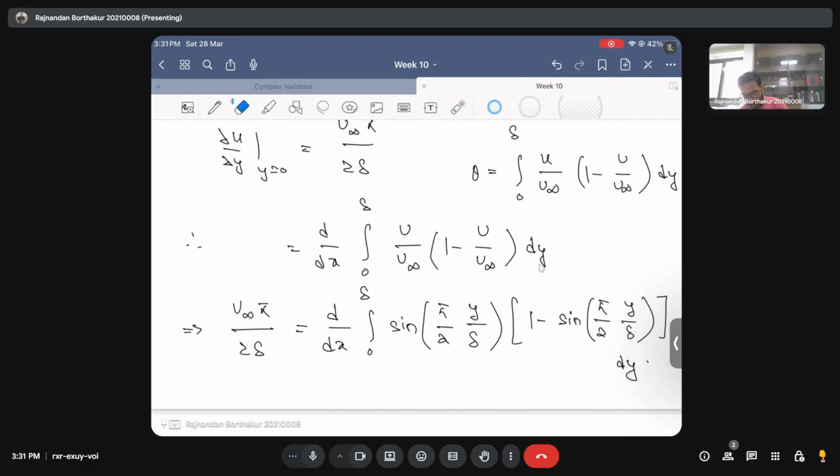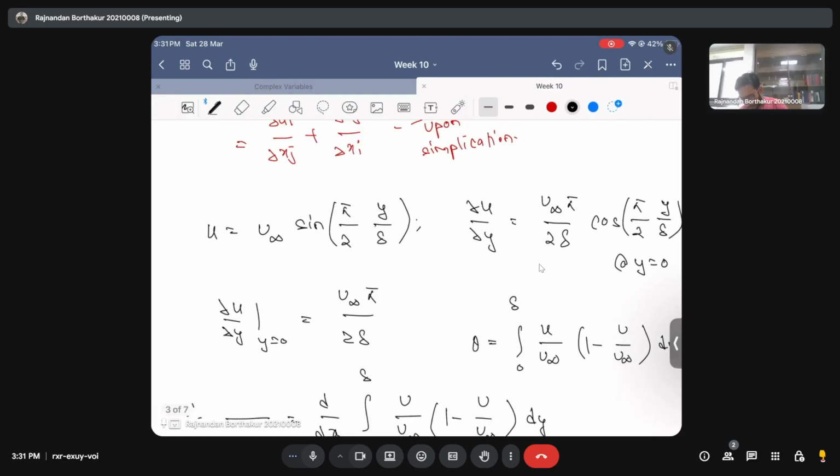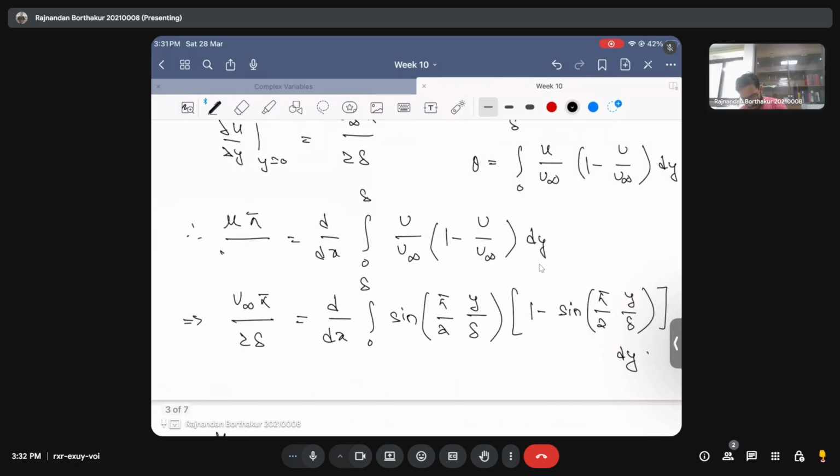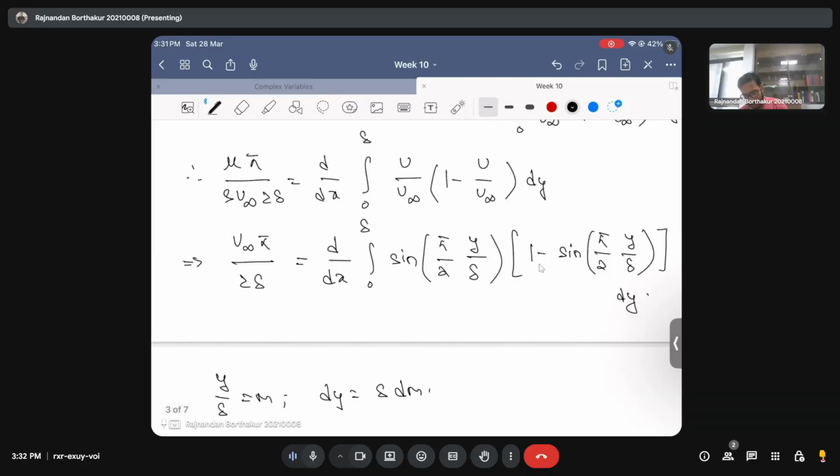So this is going to be what? Just check it out. It should be mu pi by rho u infinity. That should be your term, and 2 delta of course is anyway there. Please correct it, there's a little bit of correction here.